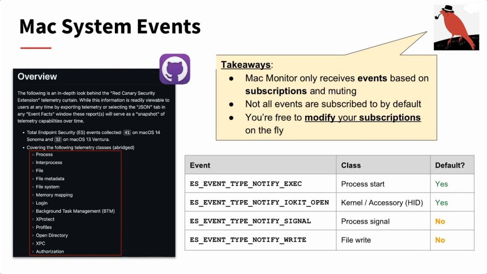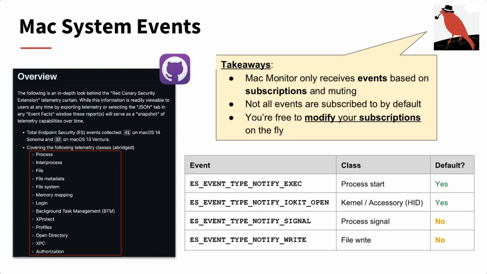And so what do I really mean by this? Well, if we take a look at the left here, you'll notice that there are some different telemetry classes that we cover with Mac Monitor. Some of the top ones that you'll notice are process, file metadata, file system, stuff like that. And then more interestingly, in macOS Sonoma, Apple started adding authorization, XPC, and Open Directory eventing as well.